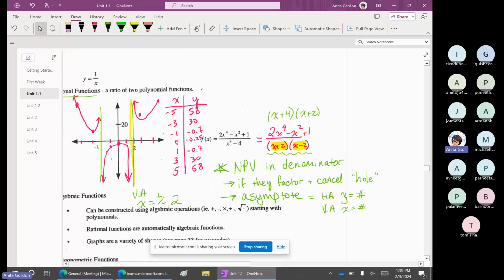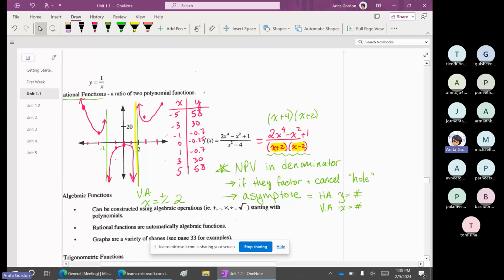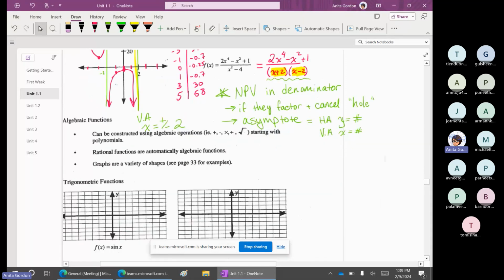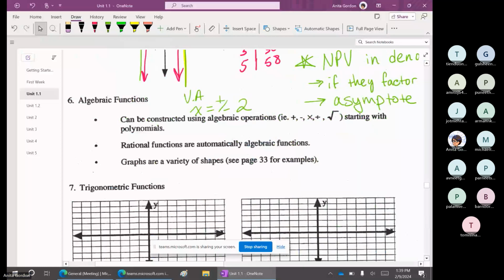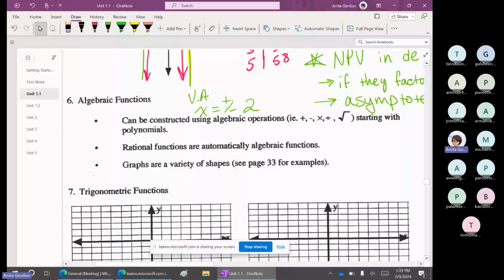We will dive into this more deeply as we go through this unit, but this is just a reminder of things that you should have seen at least once in prior classes. All right, algebraic functions can be constructed using any operations, starting with a polynomial.